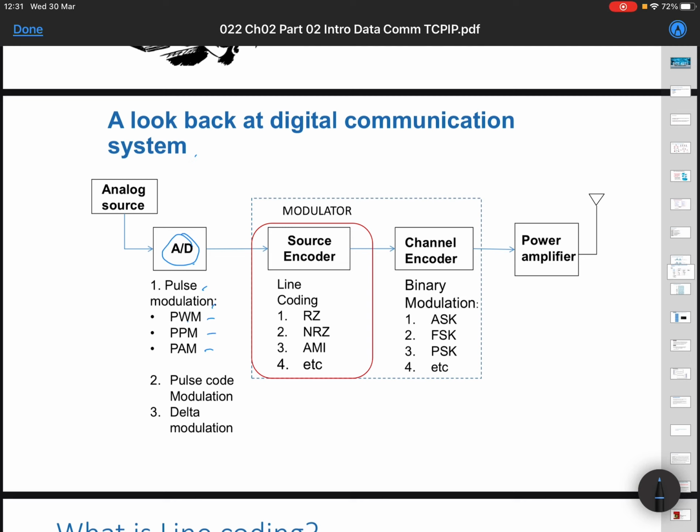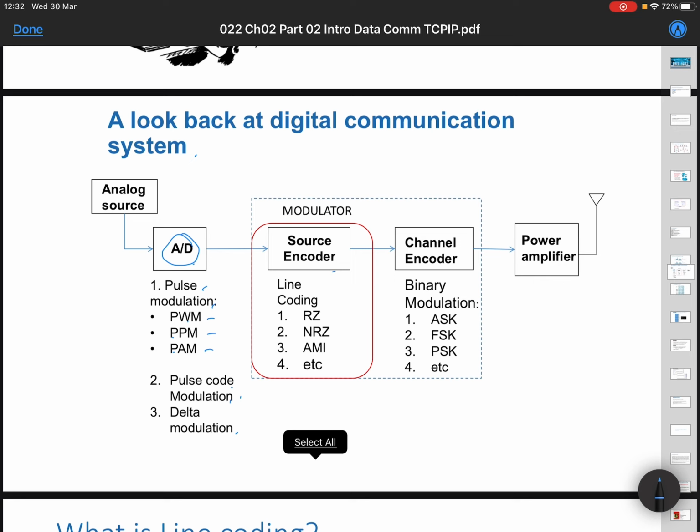Pulse width modulation, pulse position modulation, pulse amplitude modulation. Next is pulse code modulation, PCM, and third is delta modulation. So you have these A to D, analog to digital conversions.